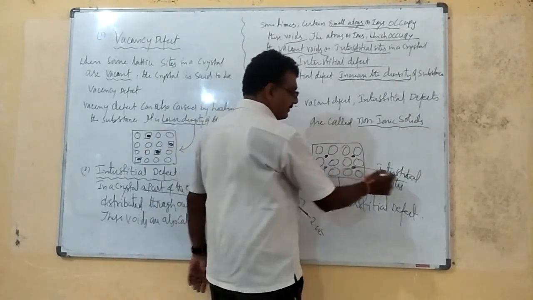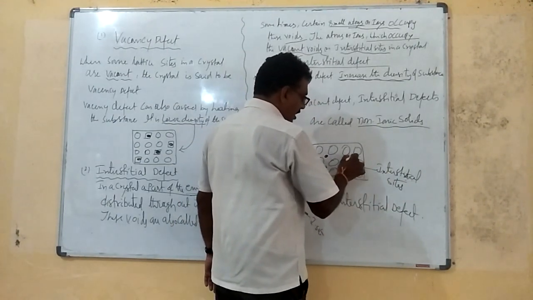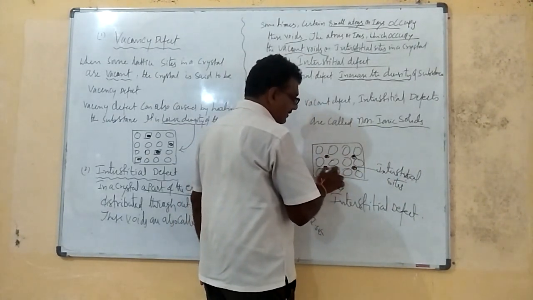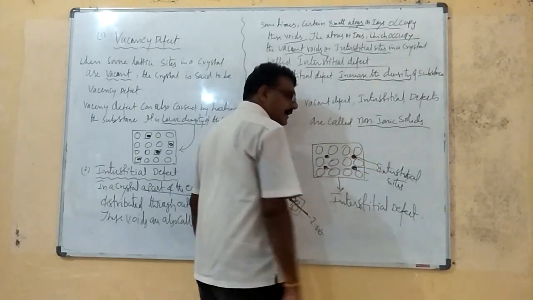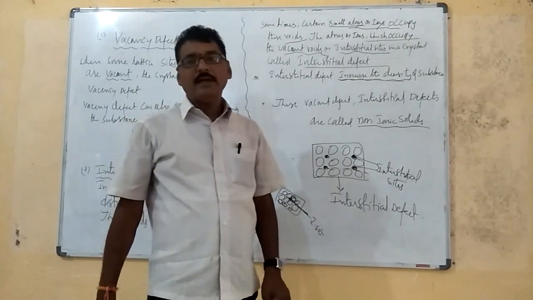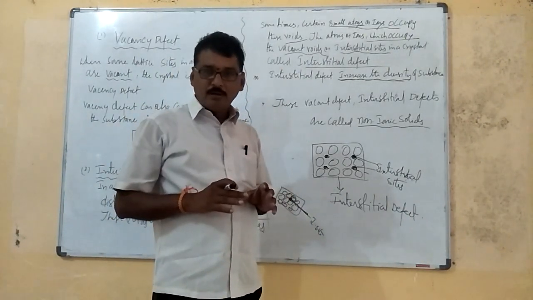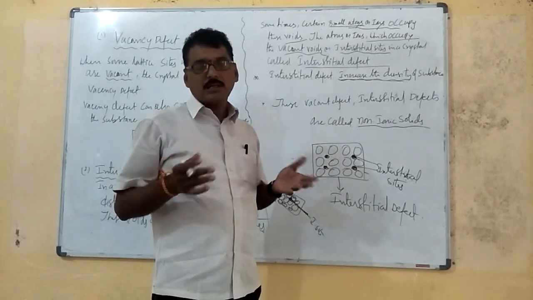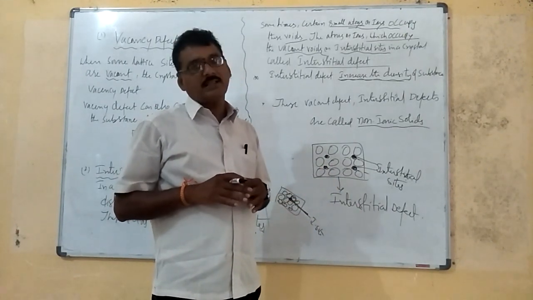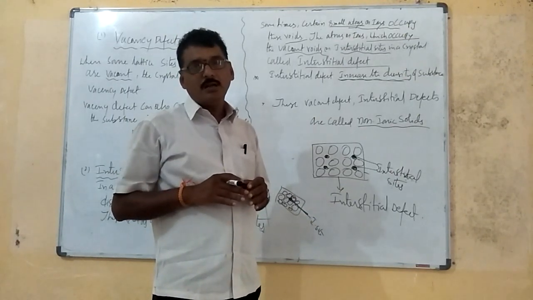These voids are nothing but interstitial sites. When small atoms or ions occupy these voids, that is called an interstitial defect.